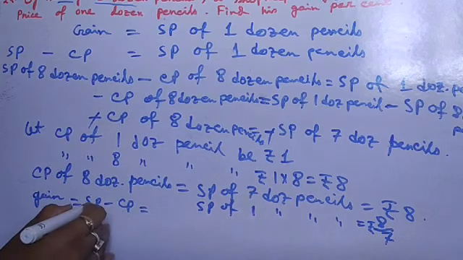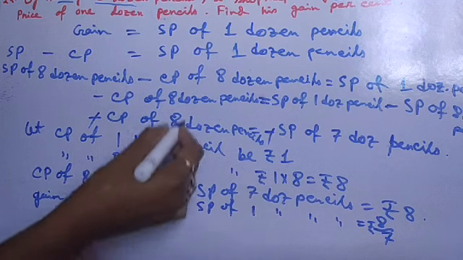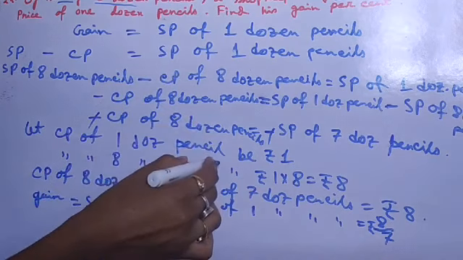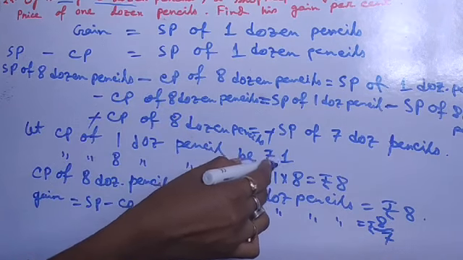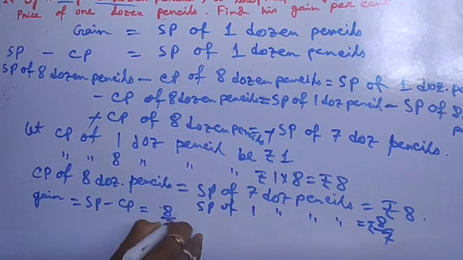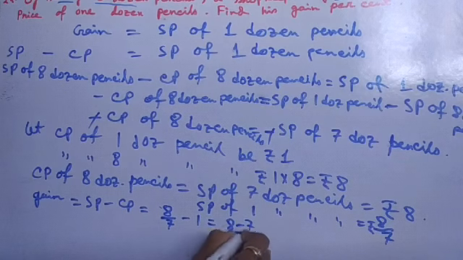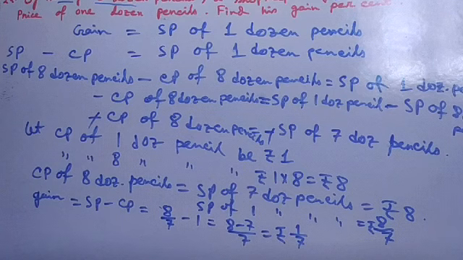Here gain is SP of 1 dozen pencil minus CP of 1 dozen pencil, which we have taken as rupees 1. So SP is 8 by 7 minus 1, that means 8 minus 7 by 7, that means rupees 1 by 7. This is the gain.